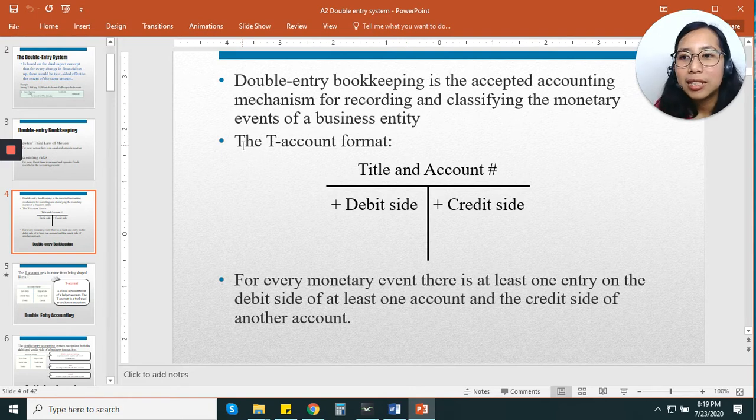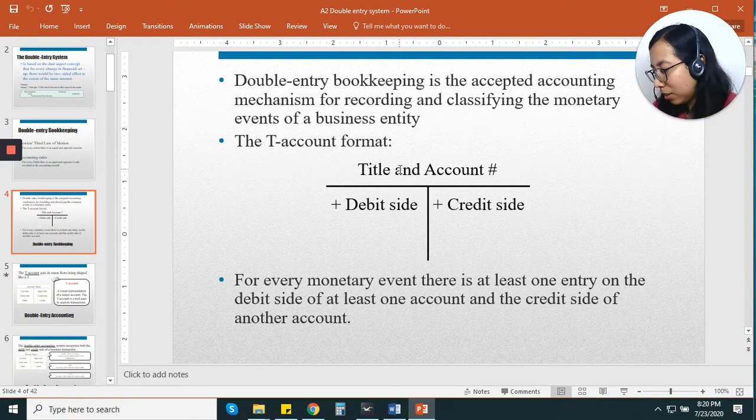The T account format looks like this. Bakit siya T? Because it looks like a T. And you always remember that the T account format is one way to analyze the balances or the transactions in that format. What is an account title?